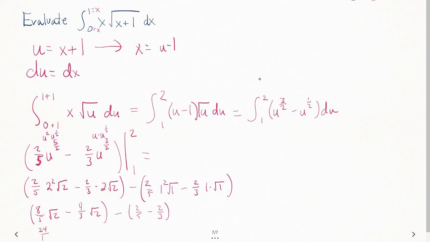So this makes 24/15 of these. Notice we can factor out a square root of 2, by the way. And then this would be what, 20/15 times the square root of 2 minus, so what would this next one be?